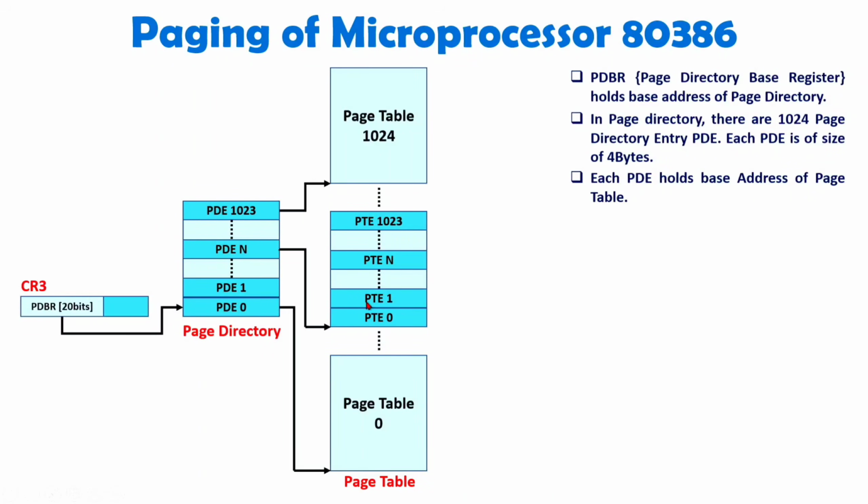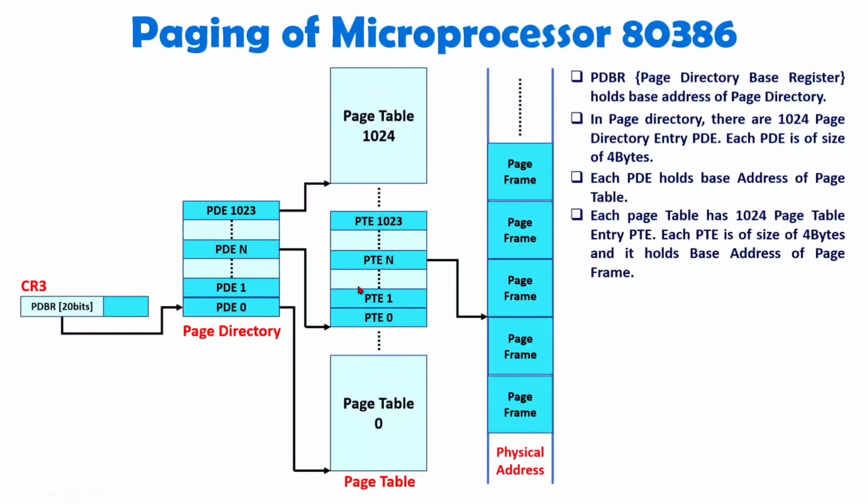And if you observe inside a page table, then we have page table entries, right? You see here I have given one example. Inside page table n, how many page table entries are we having? 1024 page table entries. So a single page table has a total of 1024 page table entries, and each individual page table entry holds the base address of a page frame.